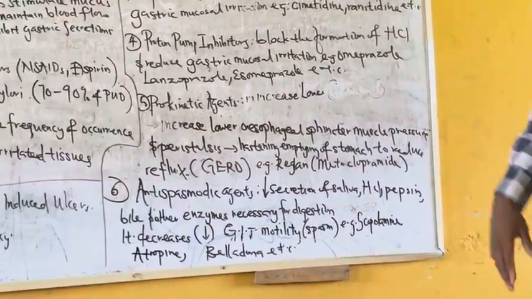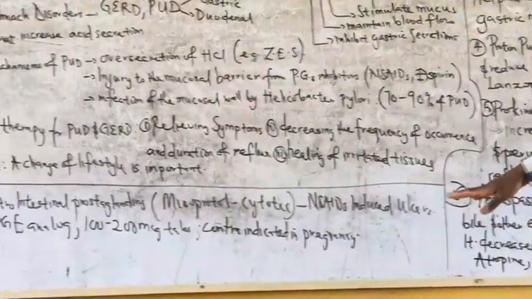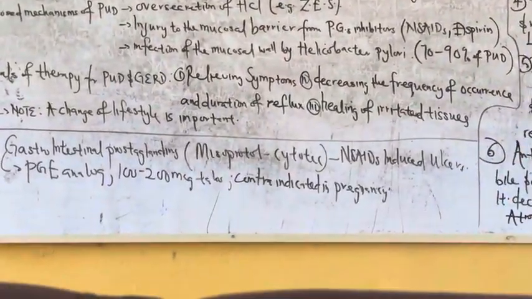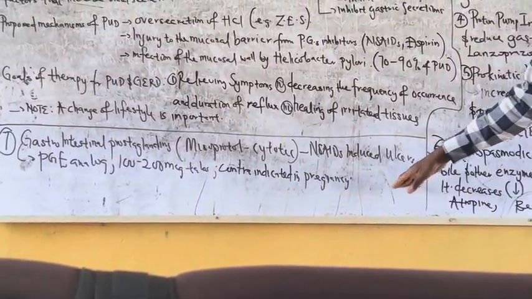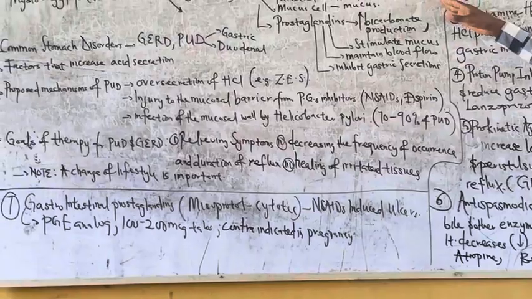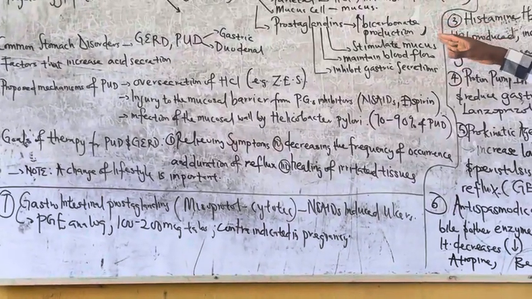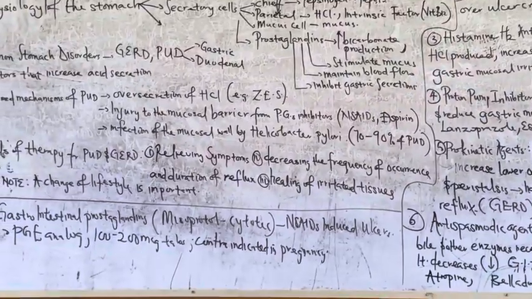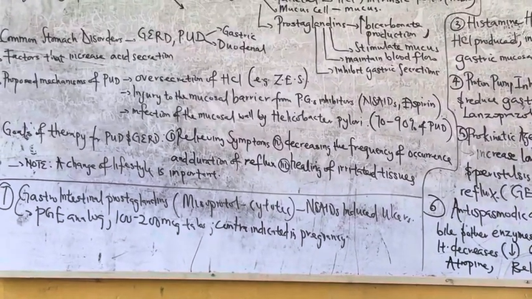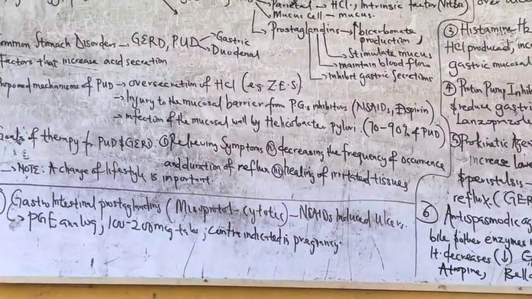The last drug class here will be the gastrointestinal prostaglandins. We said before that prostaglandins are necessary for bicarbonate production, mucus secretion, maintaining blood flow, and inhibiting gastric secretion. So what prostaglandin does normally is to prevent ulcer.